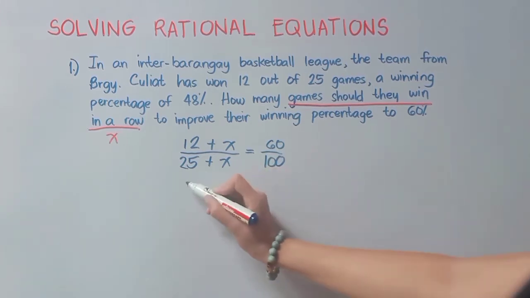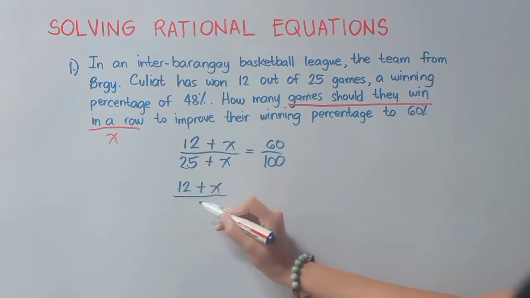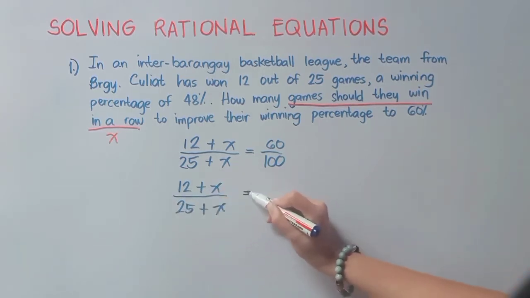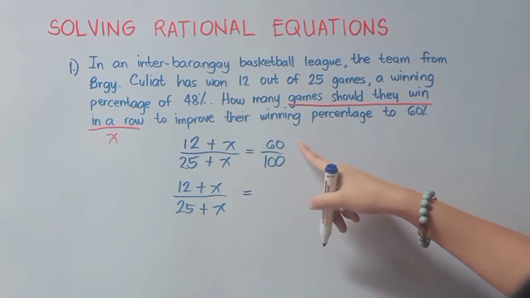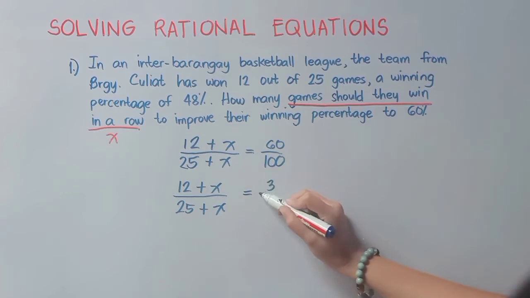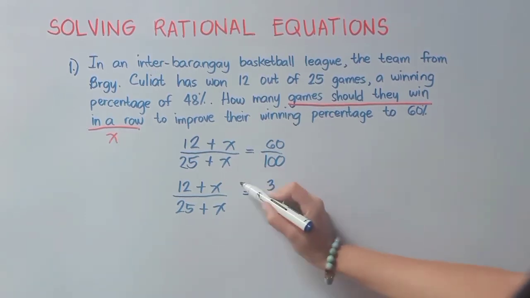Since 60 and 100 can still be simplified, we'll copy whatever is on the left side, equal to, our common factor here is 20, so 60 divided by 20 is 3 and 100 divided by 20 is 5. Now, since there's one rational expression on each side, we can cross multiply.